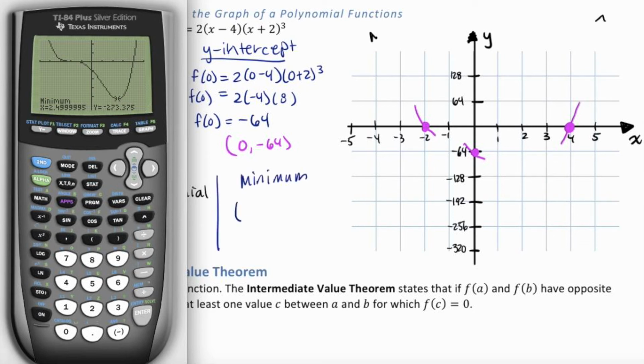And looks like our minimum is located at, so let's write this out, our min is located at negative 2.5, oh excuse me, positive 2.5, then negative 273.75. That looks about right. There is our minimum, and we can use that to help finish our sketch. So right here at about 2.5, we have negative 273.75, which is here.